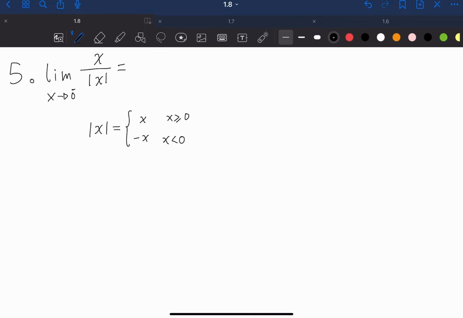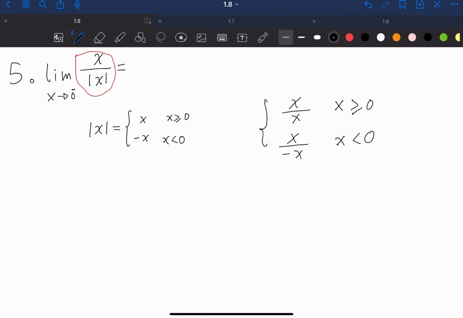Because if I remember that definition, then I can rewrite this function here. This function that I'm given here, I can rewrite it as a piecewise function. And then I would have something like x over x whenever x is greater or equal to 0, and something like x over minus x whenever x less than 0.